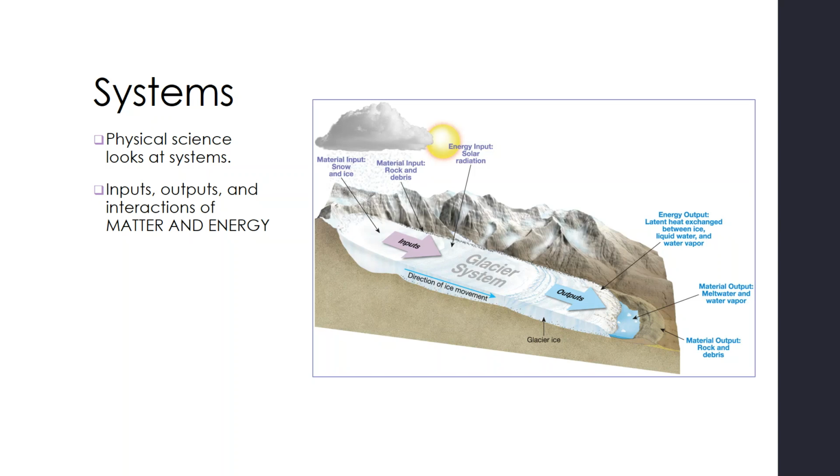We have a material output of rock and debris and meltwater, and an energy output of latent heat. So we're going to look at lots of systems. We're going to do some introduction stuff for the class next week, but then we're going to get right into the atmosphere, and then we're going to look at insolation and temperature, all of these different systems working in conjunction with one another.